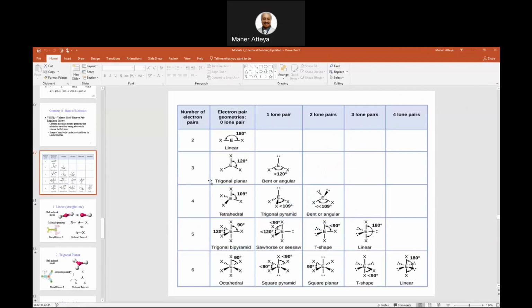That's 4 regions. EX3, L1. So this one here, just by inspecting, will be my answer. EX3 and 1 lone pair. So this is trigonal pyramid, correct? Go further.